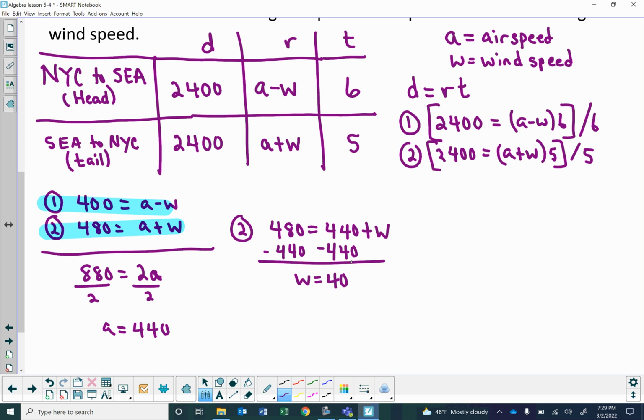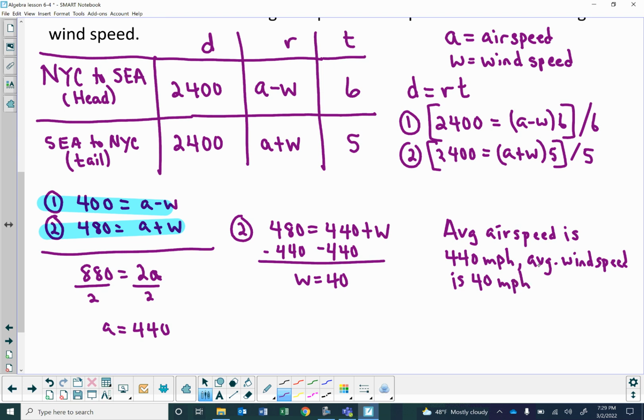Okay, so the average airspeed is 440 miles per hour, and the average wind speed is 40 miles per hour. And we have solved our equation.